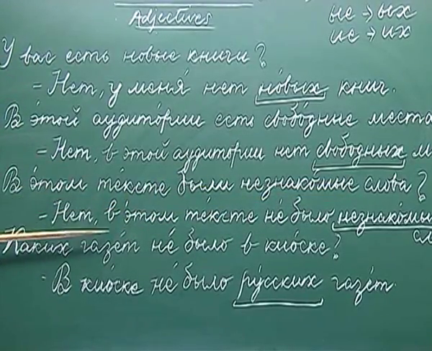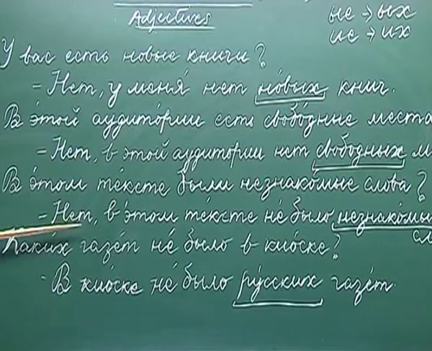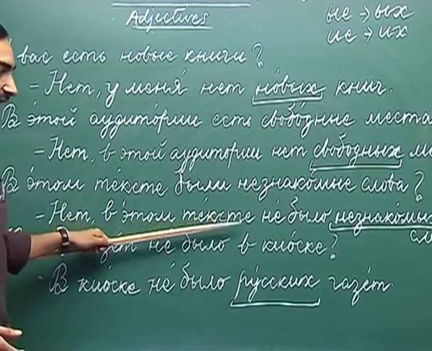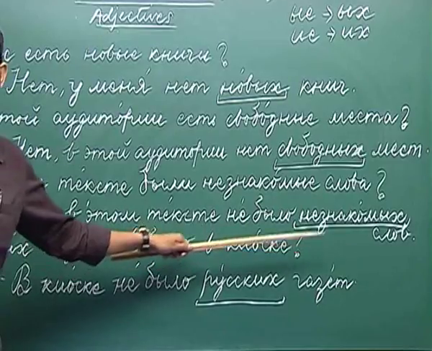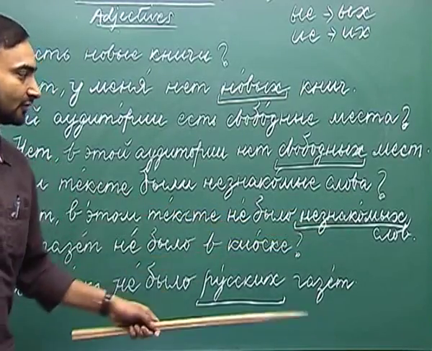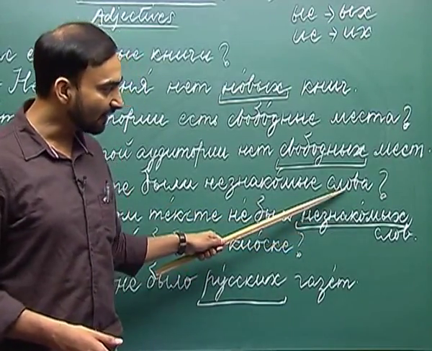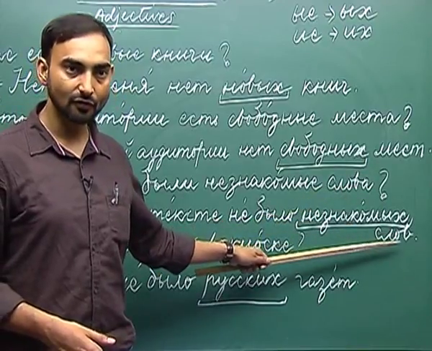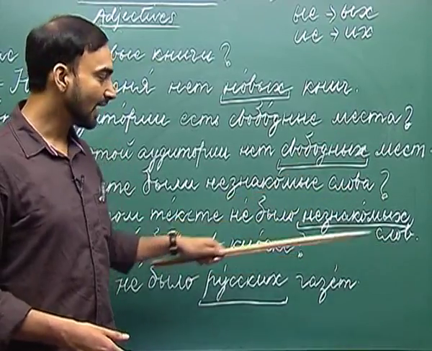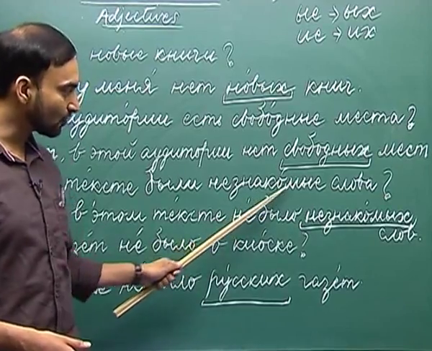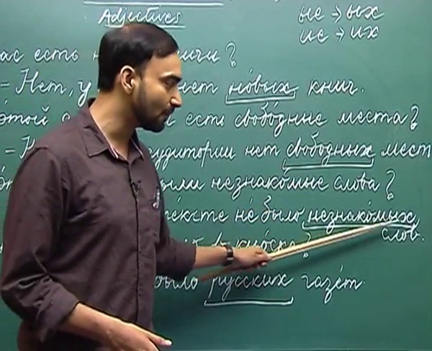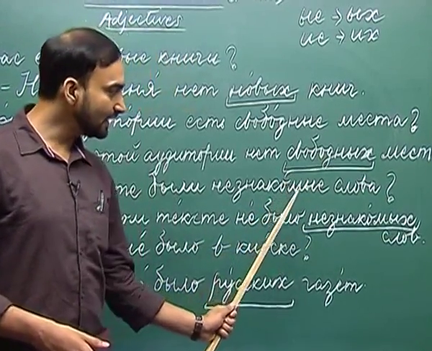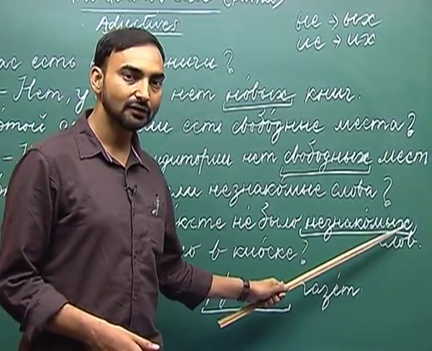And if you answer this question in negative, then нет, в этом тексте не было незнакомых слов. So, here слова changes to слов, which is the genitive plural, and the adjective незнакомые changes to незнакомых. Again, ые changes to ых.